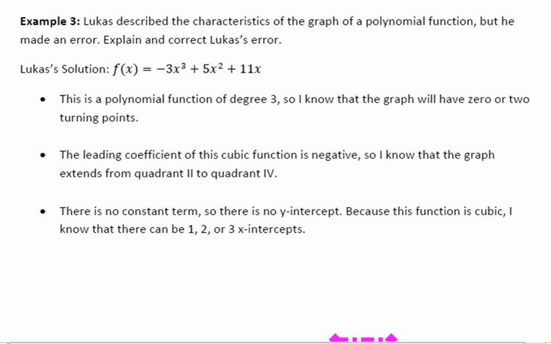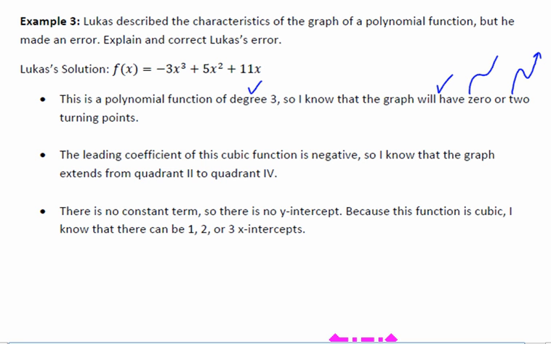Is that correct? Yeah, okay. So I know the graph will have 0 or 2 turning points. Is that correct? That is actually correct. So we know that the maximum number of turning points is 2, 1 less than degree. And with a cubic, it either has 0, would look like this, or 2, would look like this. So that's correct.